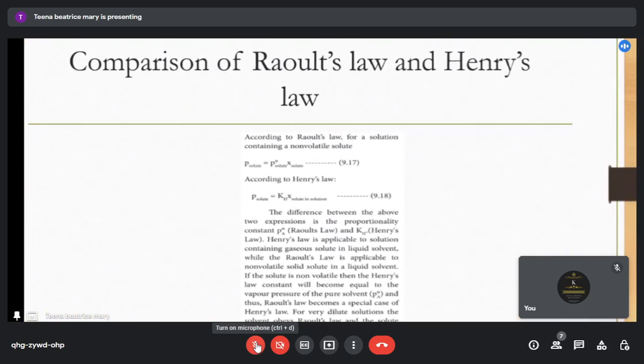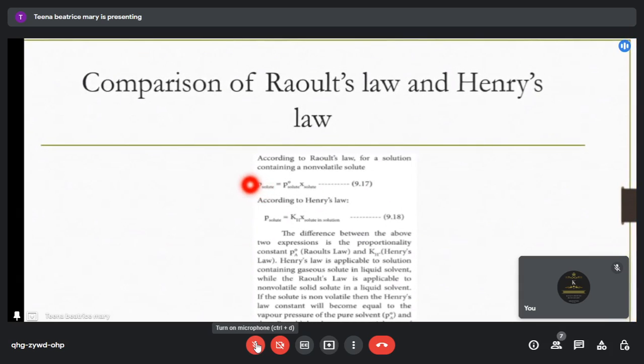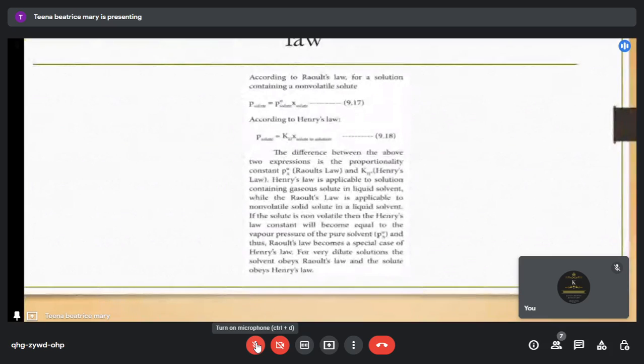So according to Raoult's law, for a solution containing a non-volatile solute, when we take P solute equal to P naught solute X solute, this is what we will get. According to Henry's law, what we saw is P solute equal to KH X solute. So if you look at these two, the difference between the above two expressions is the proportionality constant.